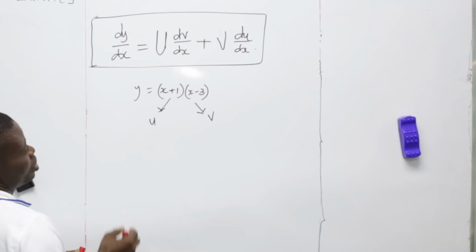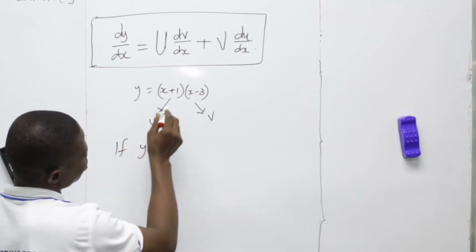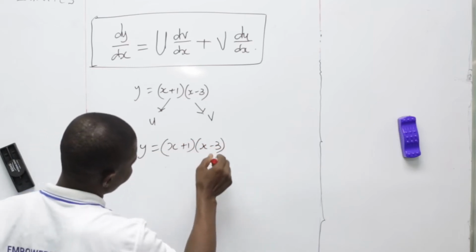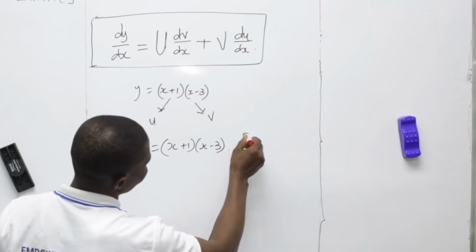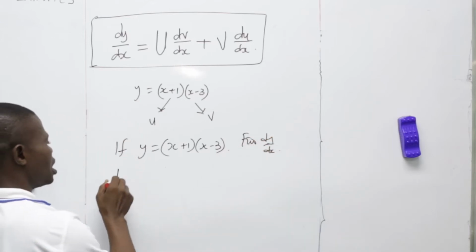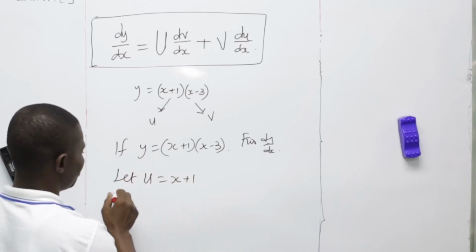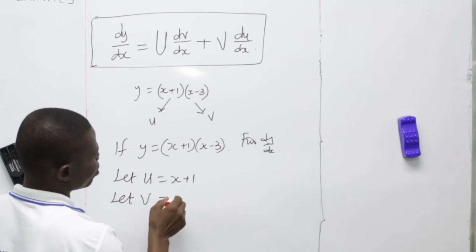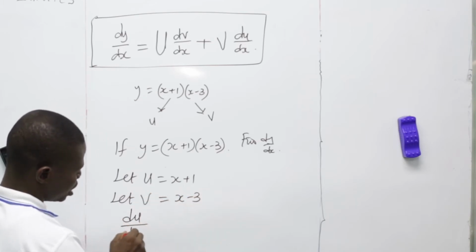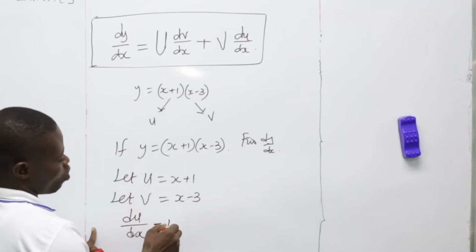Now let us try to solve this. If y equals what we have here, find dy/dx. Let u equals x plus 1. Let v equals x minus 3. du/dx, that is, you are differentiating u with respect to x, equals 1.